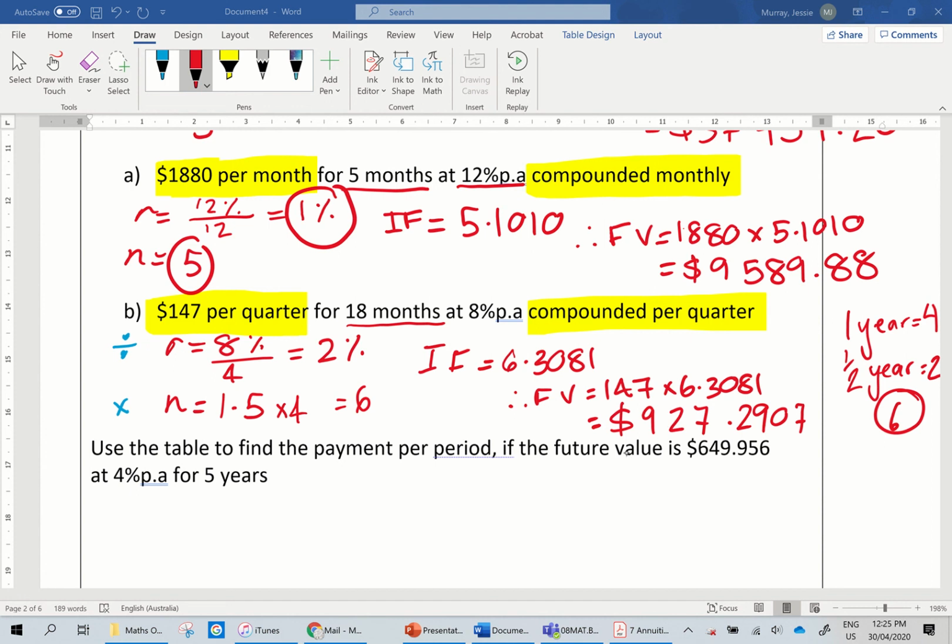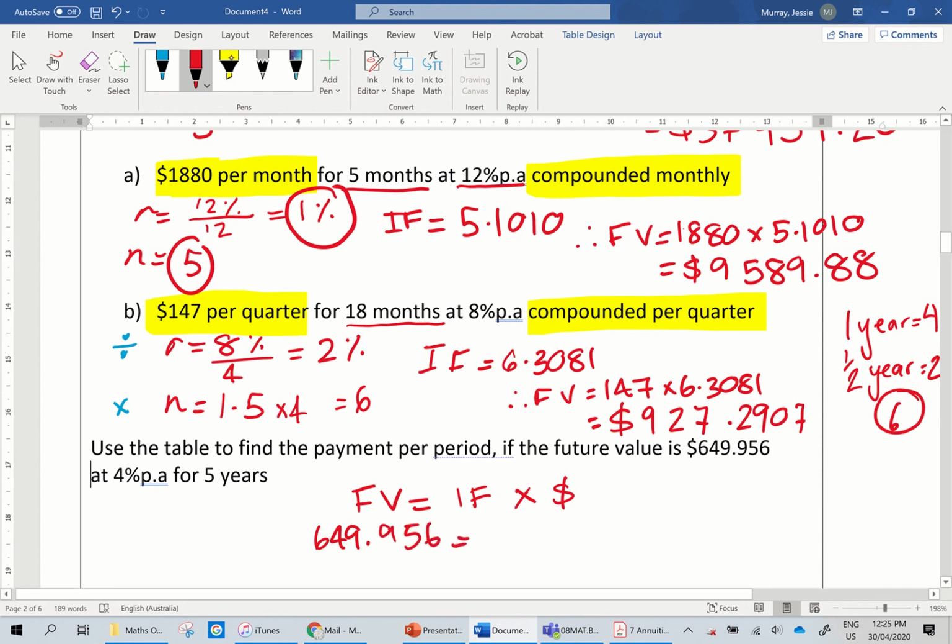So basically what it's saying is, if I work backwards, my future value, we know, is that interest factor multiplied by the annuity amount. Now it's saying that, well, what if your future value is $649.956, and you just need to know what the dollar amount of your annuity is.